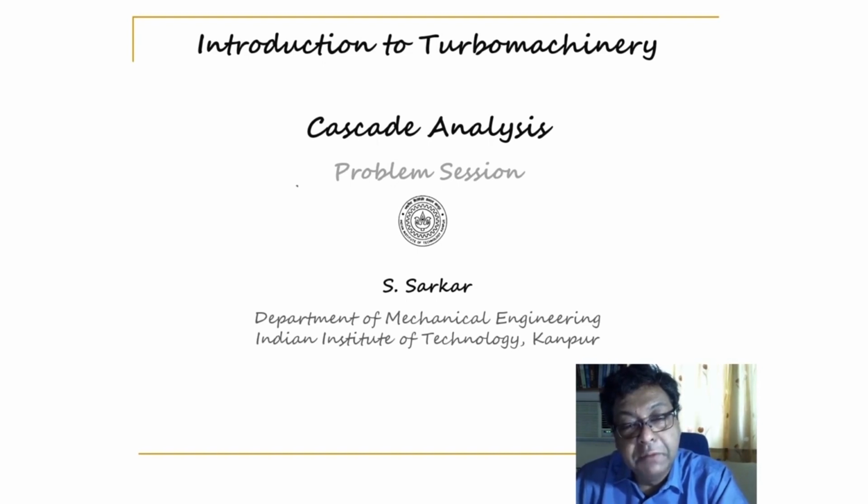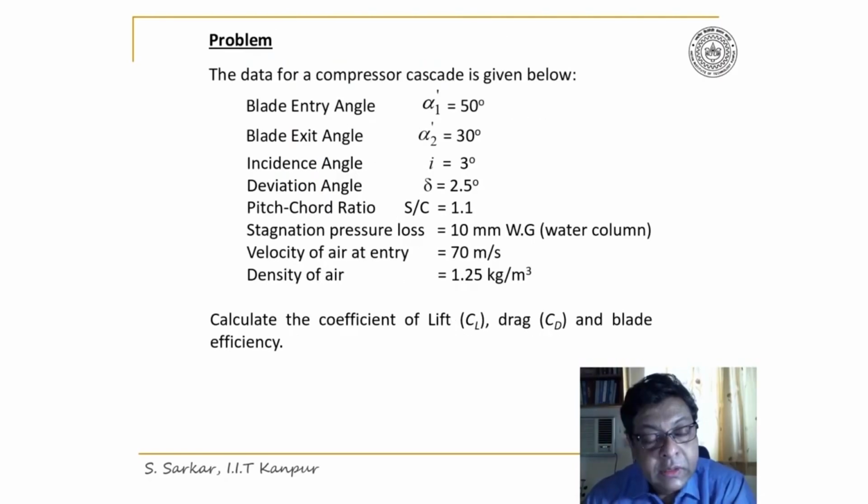Here I'll solve an illustrative example for cascade analysis. So let me state the problem. The data for a compressor cascade is given below. The blade entry angle alpha 1 dash is given as 50 degree.